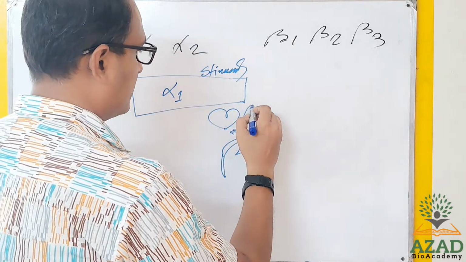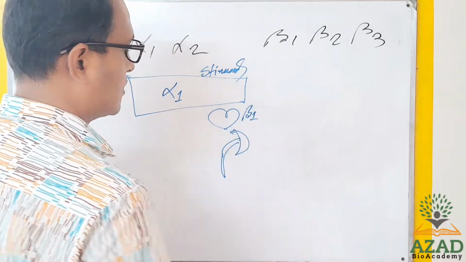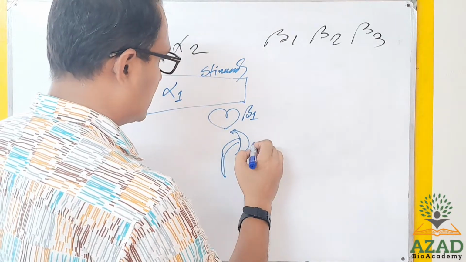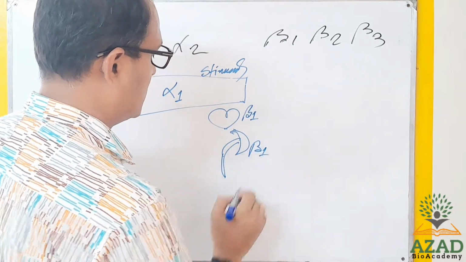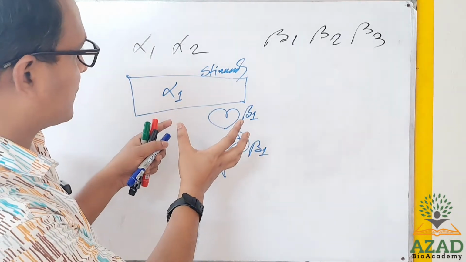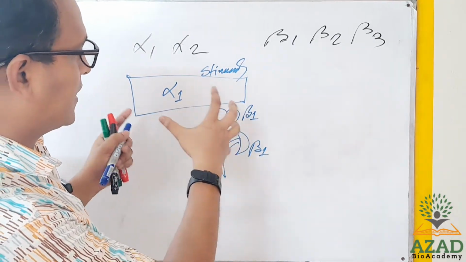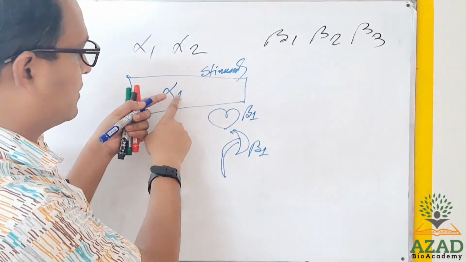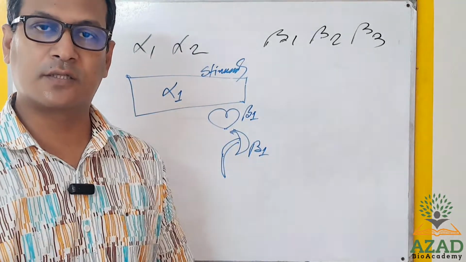In the heart, beta 1 is very much rich. In the kidney, in a particular area, beta 1 is very much rich. So in that way, for sympathetic excitatory activity, mostly alpha 1 and beta 1 receptors are responsible.